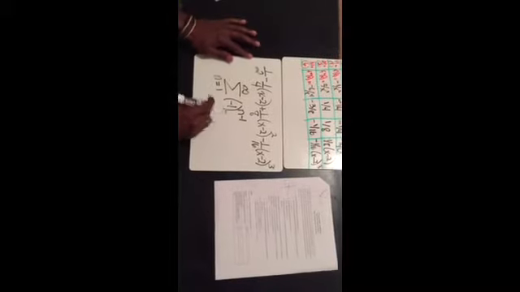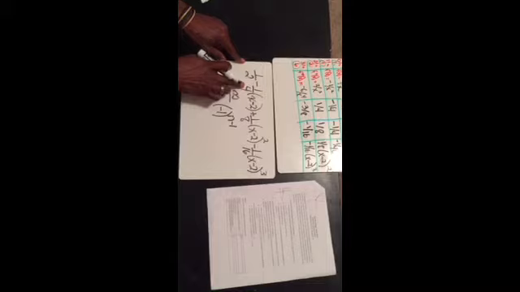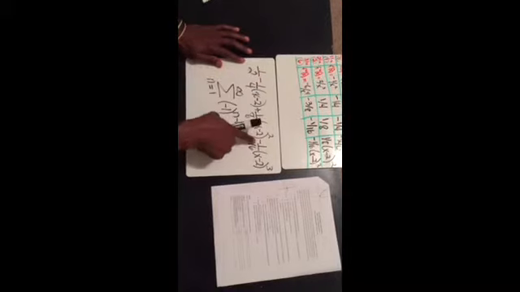So when n is 1, 1 minus 1 is 0, and negative 1 to the 0 power will give me my positive number. If I put 2 in, 2 minus 1 gives me 1, and that gives me my negative number. That takes care of my plus, minus, plus.